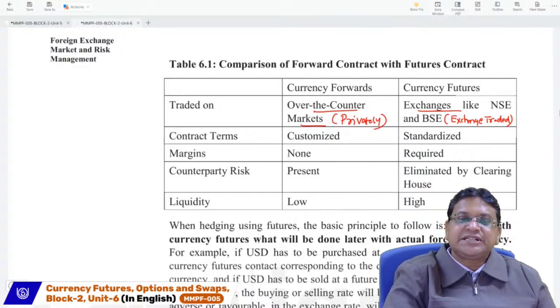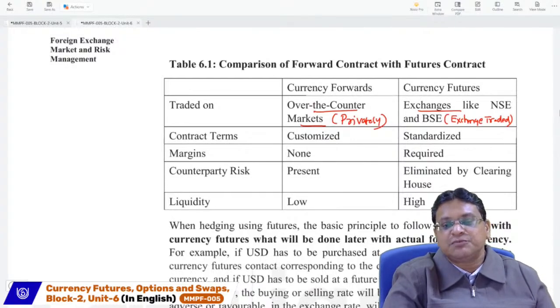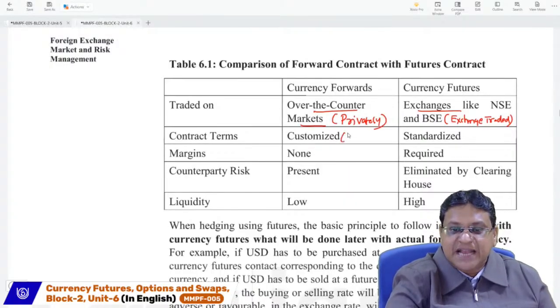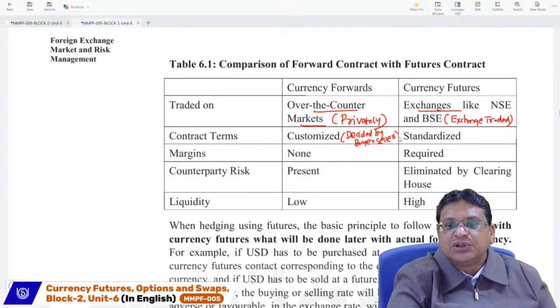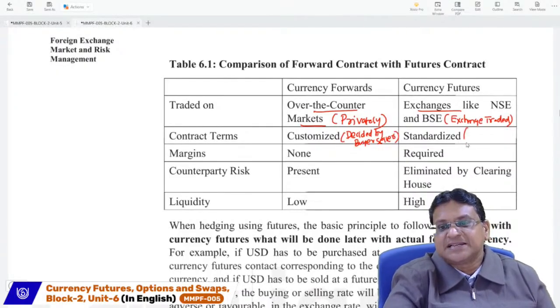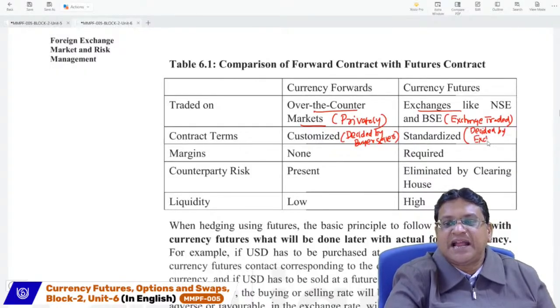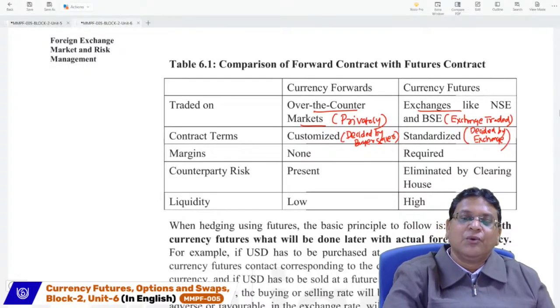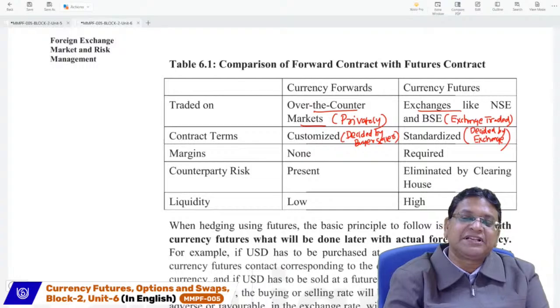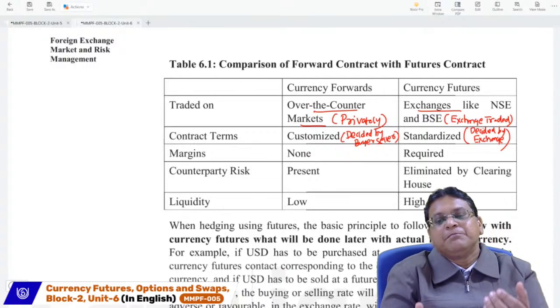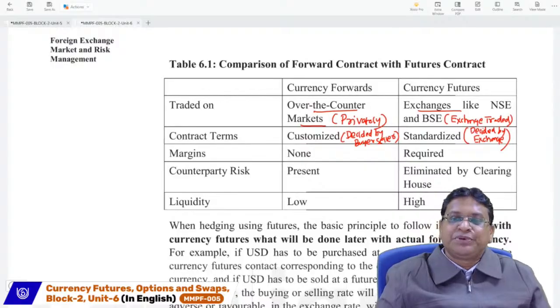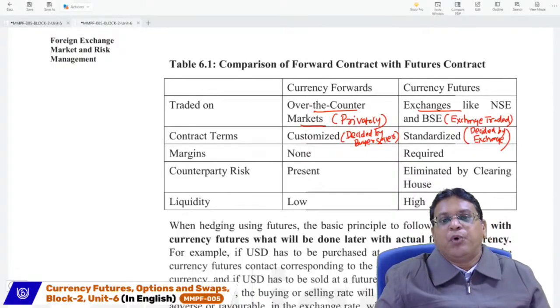In case of currency forward, the terms and conditions of the contract are customized, decided by buyer and seller. In case of futures, the terms and conditions are standardized, meaning decided by the exchange. The exchange decides all the terms and conditions of the contract. Only buyer and seller trade and fix the price. All other things are fixed by the exchange. So futures are standardized contracts. Forwards are customized contracts.